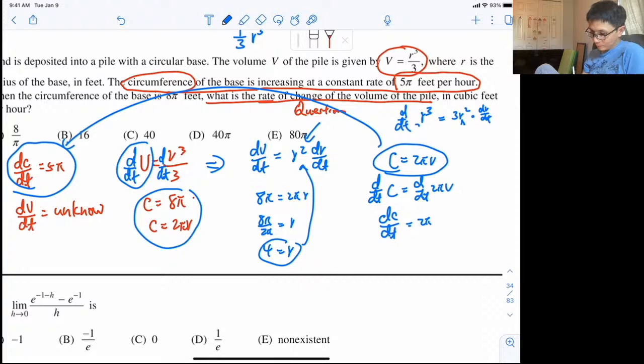And then what? 2 pi what? dr over dt. Good. See, now you guys start getting the hang of this. So then this one is a 5 pi, and this is 2 pi, and then dr dt is the only thing that's left over. So dr dt is equal to 5 over 2.